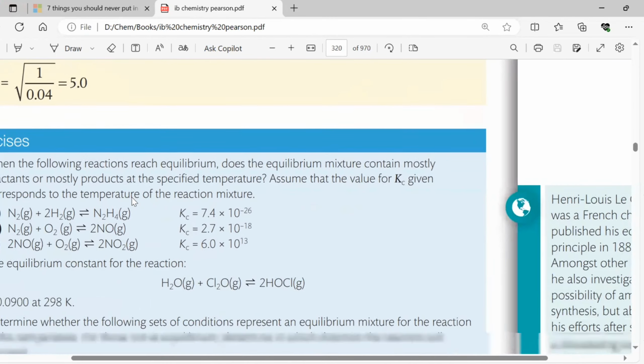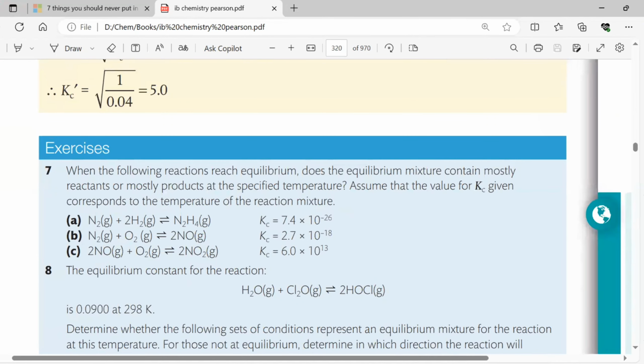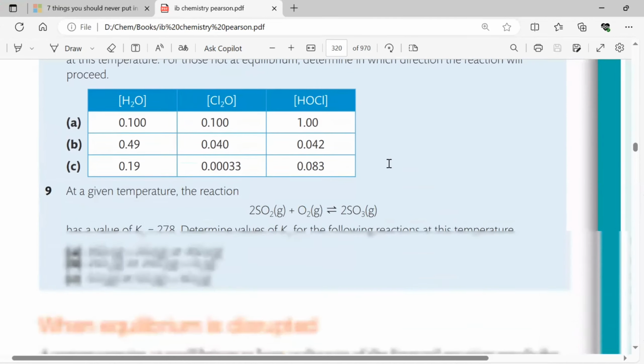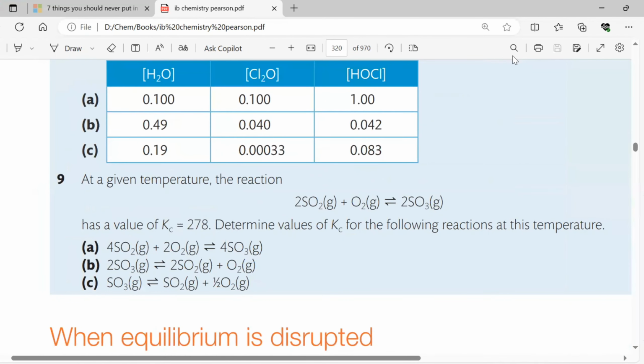Okay, I'm giving a question quickly. Tell me this. Do this question. So here is our Kc value.